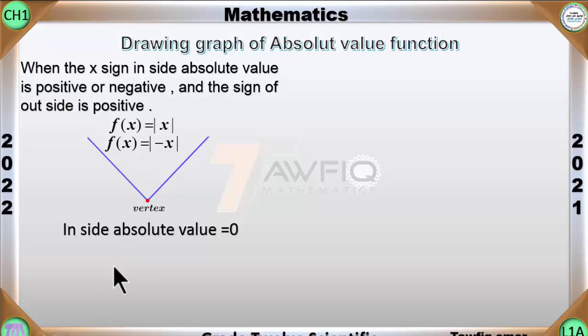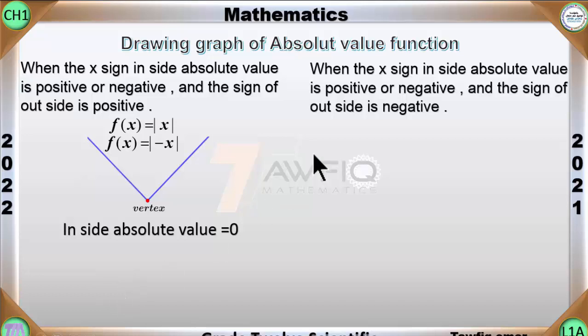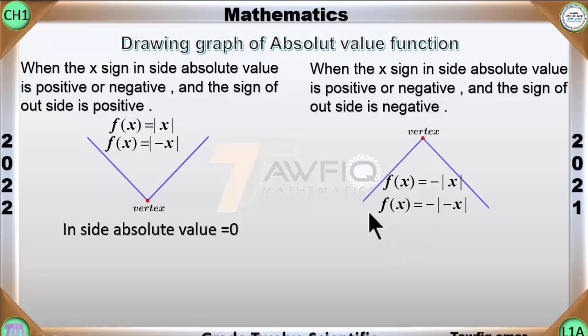Then replace the value of x in the function and find y. When the sign inside is positive or negative and the sign outside is negative, like f(x) equals minus the absolute value of x, the graph will be drawn like this, and find the vertex as we said before.